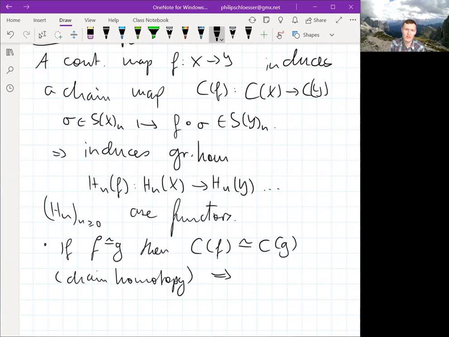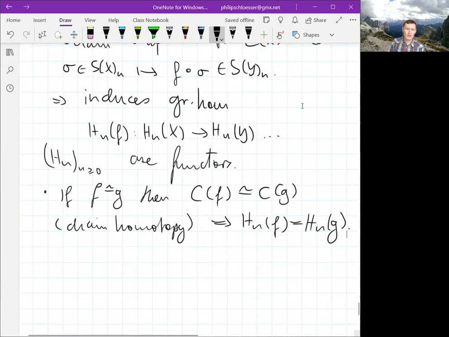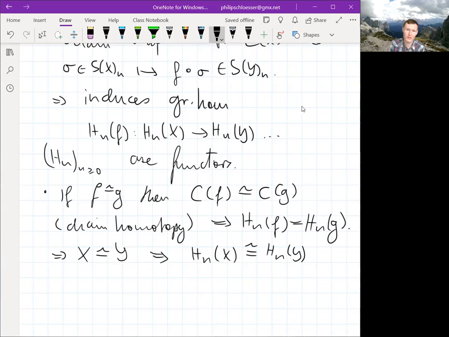And therefore, they induce the same maps on the homology groups. And this implies that if the spaces X and Y are homotopy equivalent, then their homology groups are the same, or at least, let's say, isomorphic.